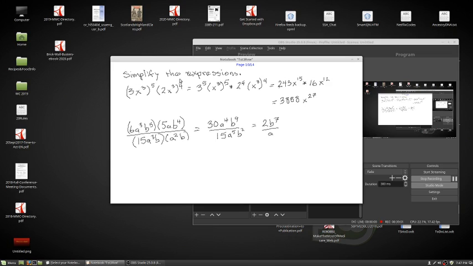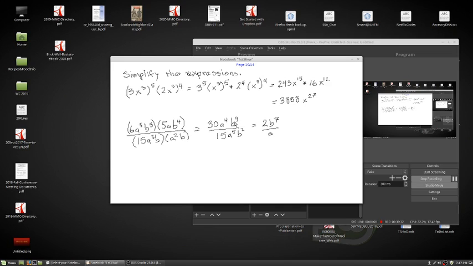Now it says simplify here. That means you're not going to bring everything up into the numerator if it's going to end up with a negative exponent. So since the 5 here is greater than the 4, a to the 4th will cancel with the a to the 5th, leaving an a, but it stays in the denominator. 15 goes into 30 twice, so we end up with a 2 in the numerator.